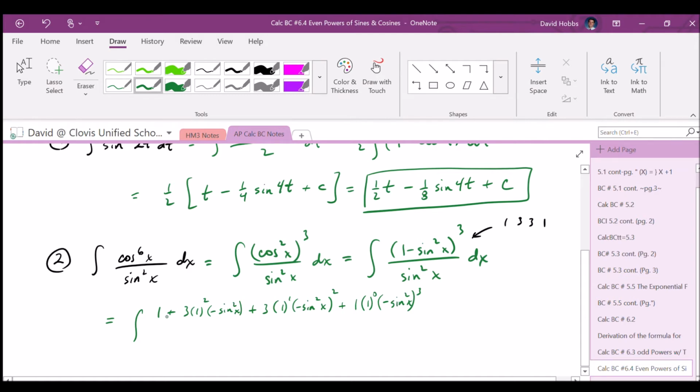And I guess I didn't note all of it out there, but this last one was 1 times 1 cubed times negative sine squared x to the 0 power.